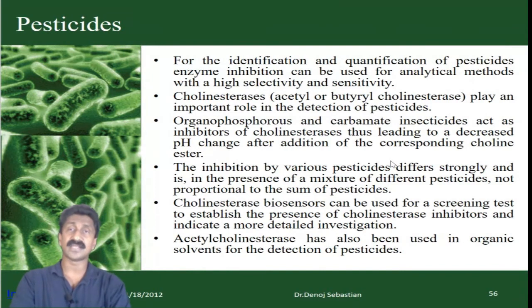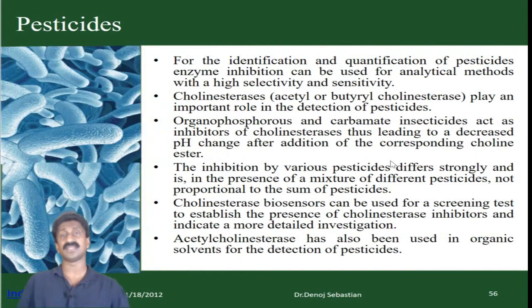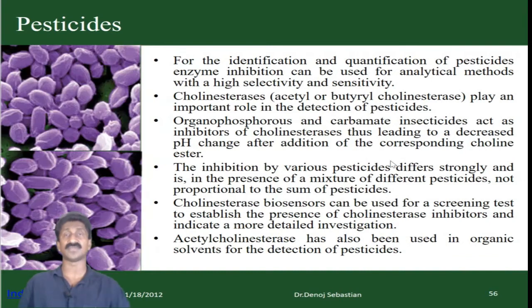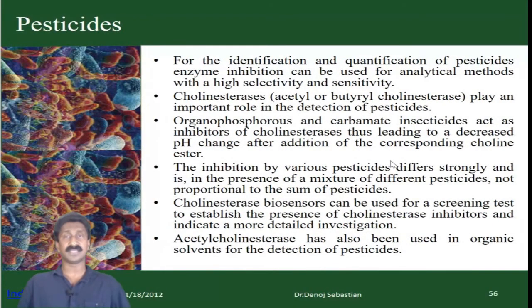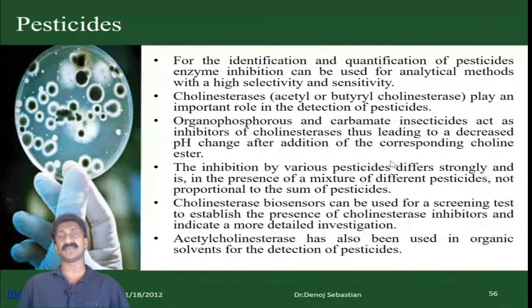Organophosphorus and carbamate insecticides act as inhibitors of cholinesterases. Usually, cholinesterases are the enzymes actually used in this system. The analytes that need to be detected, which are phosphorus compounds and carbamate insecticides, inhibit the esterase activity of the enzyme, thus leading to a decreased pH change after the addition of the corresponding choline ester.